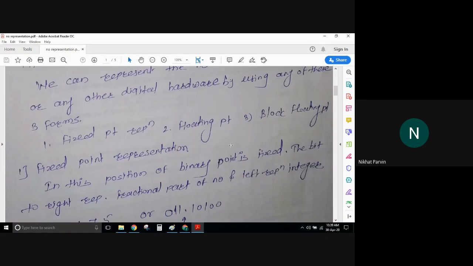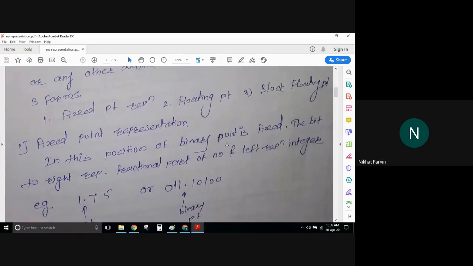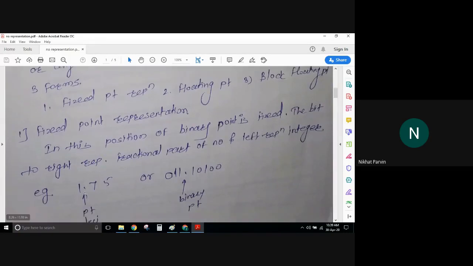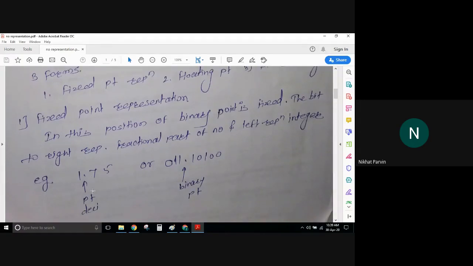That means here, let us say I write the decimal number 1.75. What I am saying is that this is my decimal point, to the left of which I have an integer part, to the right a fractional part. Now this point is fixed when I am writing the algorithms to work on your DSP or digital hardware. I have some length of bit register.